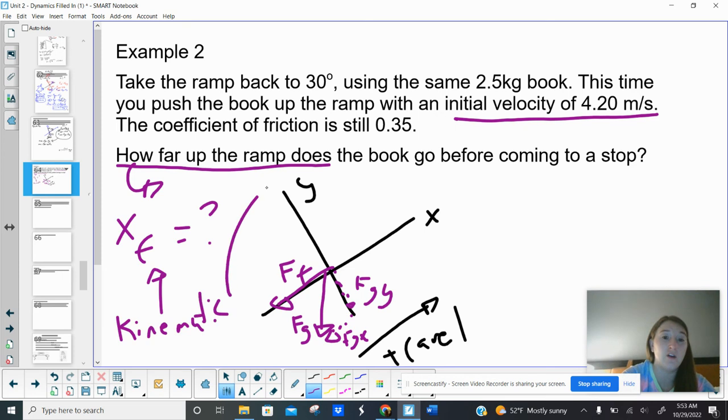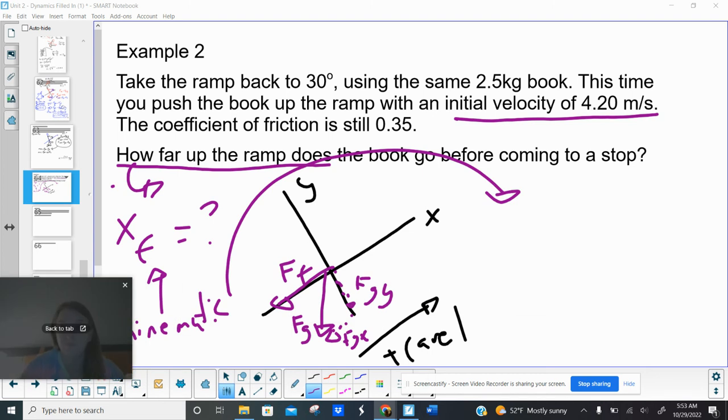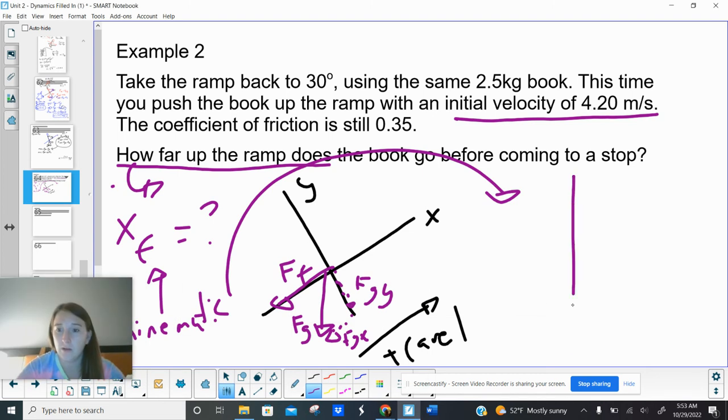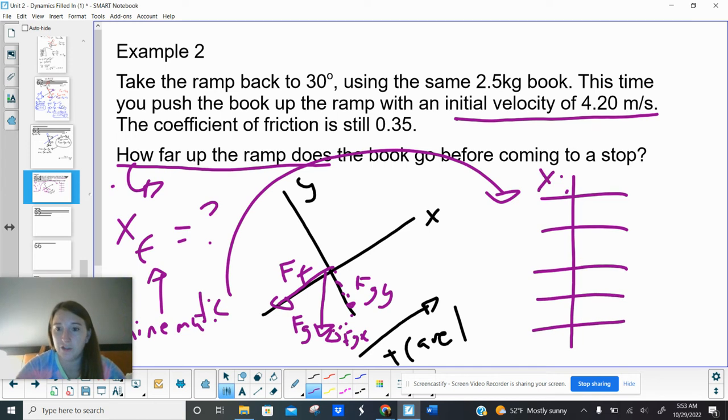But we know that in order to do a kinematic equation, if we were to lay out my variables here, 1, 2, 3, 4, 5, I have X initial, X final, A, T, velocity initial, velocity final. We have to know one of these variables because all 3 of our kinematic equations use this variable.